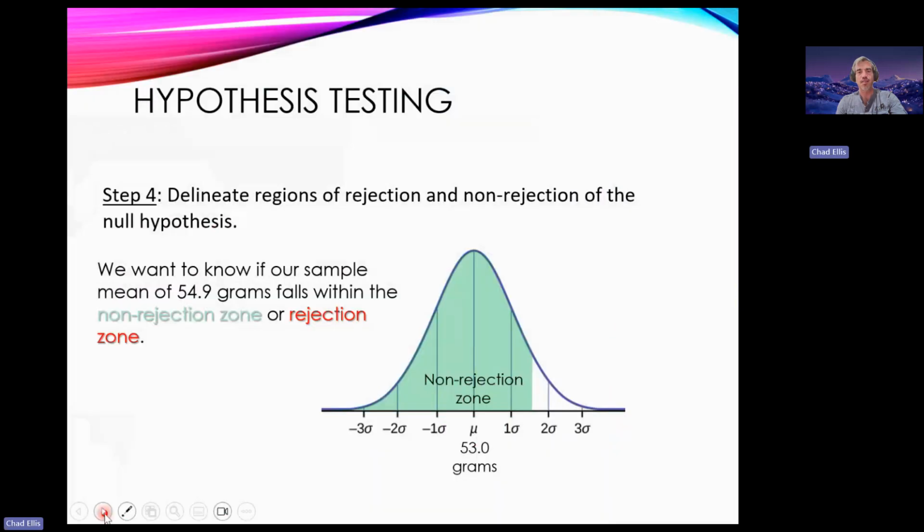Essentially what that's going to look like is this. There in the green is our non-rejection zone. There's our mean, and we're going for a population of 53 grams. If we find that our sample lands in the rejection zone, we're going to reject the null hypothesis.